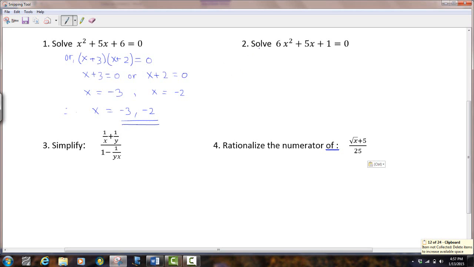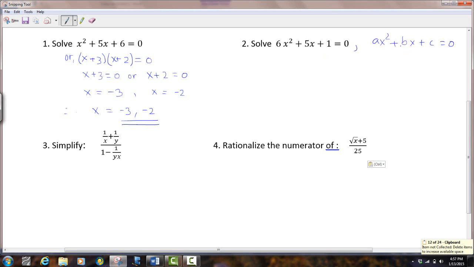Here in the second example I have x squared plus 5x plus 1 equal to 0. I could try to solve this equation by factoring the left hand side as before, but it's not so easy to factor. So I would like to use the formula for solving a quadratic equation: ax squared plus bx plus c equals 0.